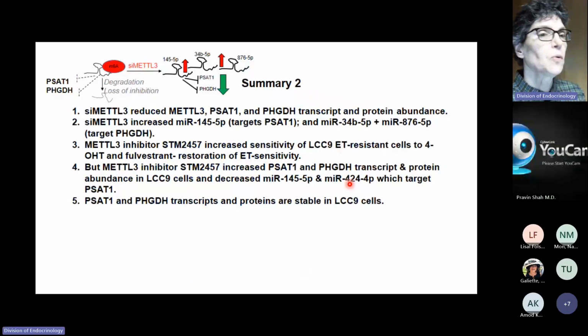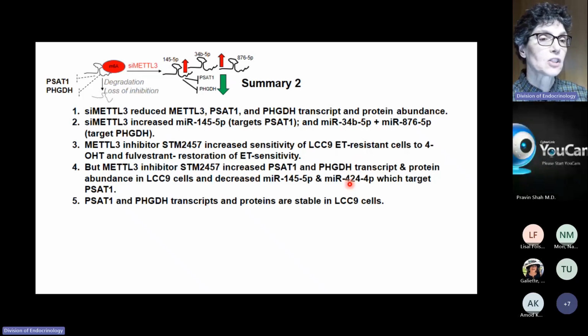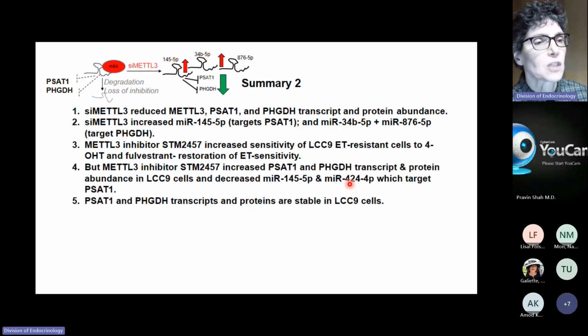So summary 2: we showed that SI metal-3 reduced metal-3, PSAT1, and PHGDH transcripts and protein abundance. SI metal-3 increased miR-145, which targets PSAT1, and miR-34b-5p and miR-876-5p, which target PHGDH. The metal-3 inhibitor STM2457 increased sensitivity of LCC9 endocrine therapy resistant cells to 4-hydroxytamoxifen and fulvestrant, so it restored some degree of endocrine therapy sensitivity.